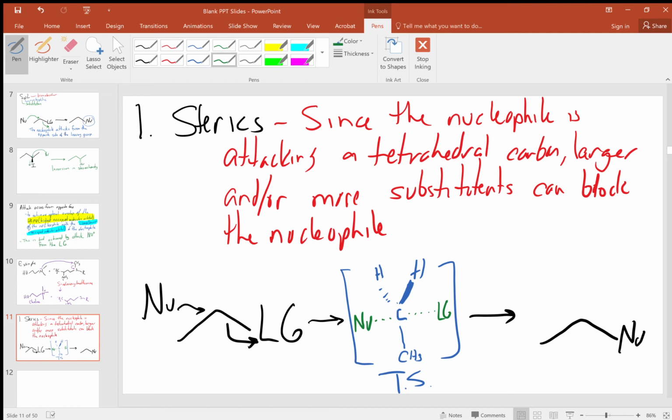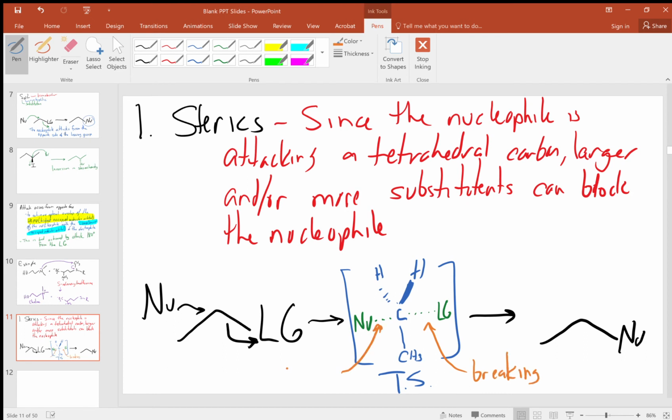Why is that? Well, the bond of the carbon to the nucleophile and the carbon to the leaving group are bonds that are not fully formed. This bond here is breaking, so it's no longer a full bond.